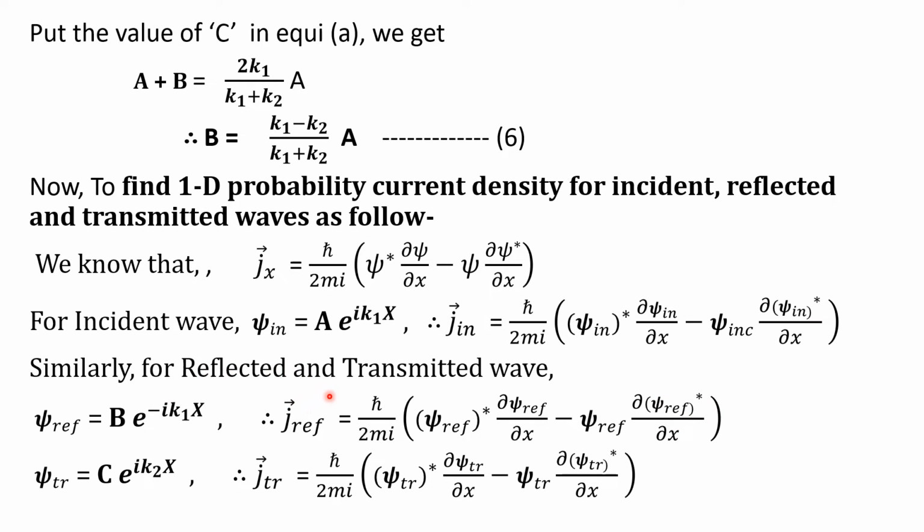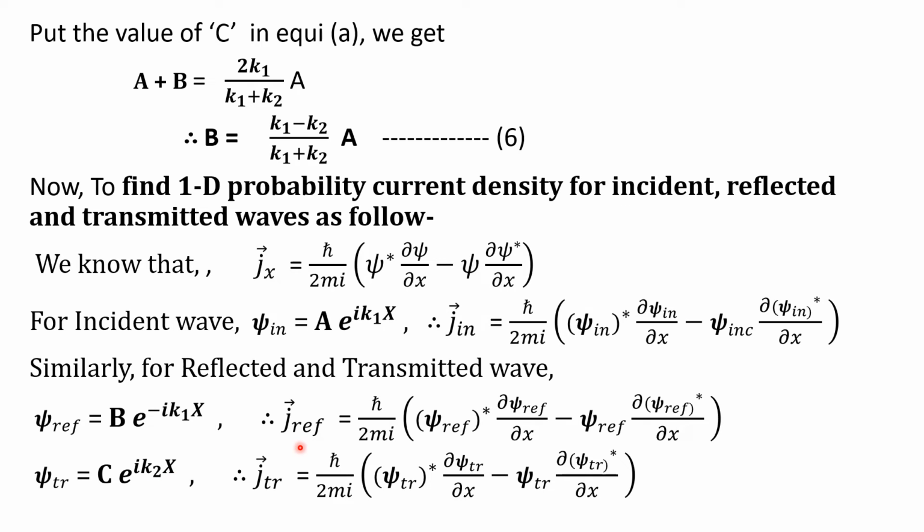Similarly, we also write the probability current density for the reflected wave and transmitted wave. As we know, psi reflection is B into exponential minus i k1x, and psi transmission for region 2 is C into exponential i k2x.